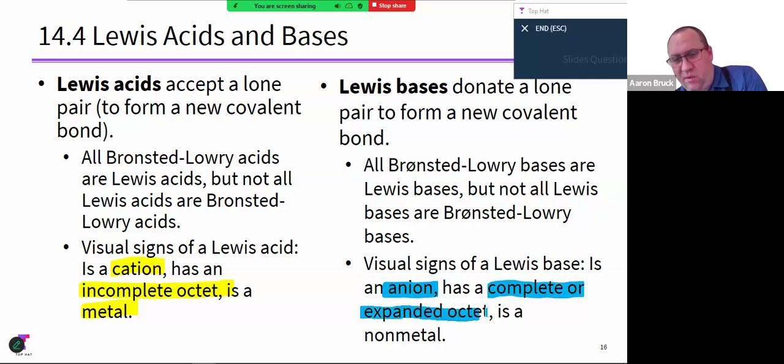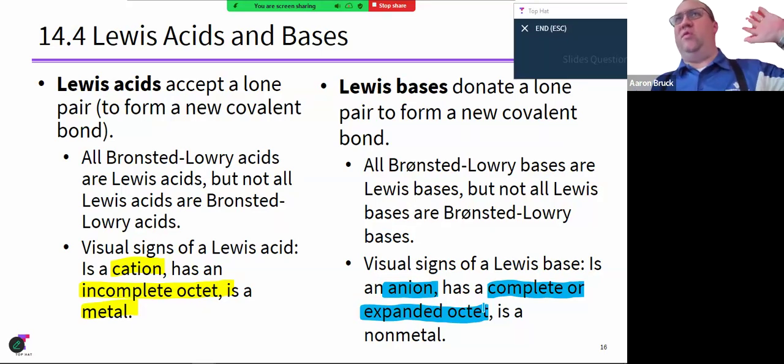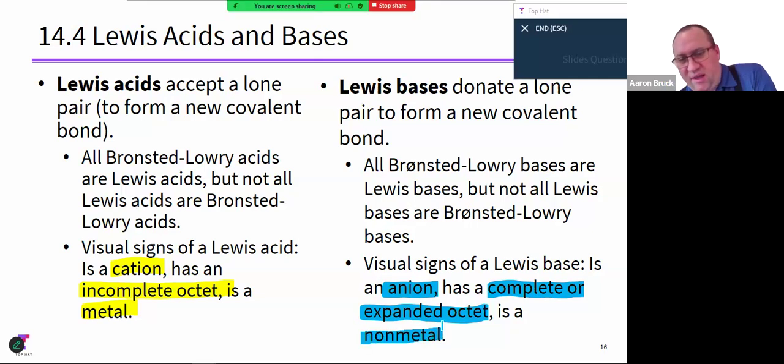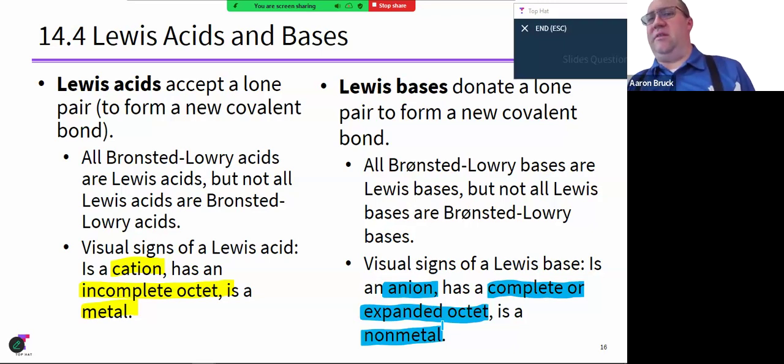If we have completed or expanded octets, same thing. I have an abundance of electrons, that those extra electrons can be used to go out and make new bonds. And where we see this primarily is in nonmetals, because nonmetals usually tend to have full octets with extra electrons.